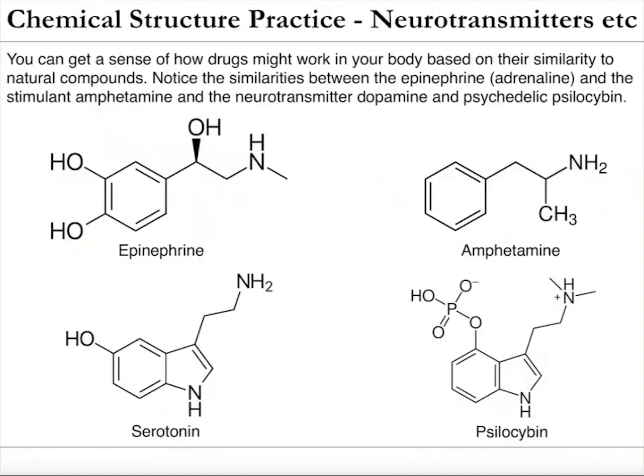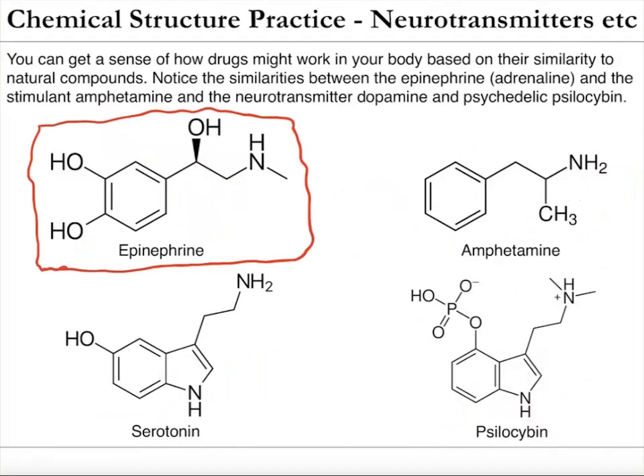And now another important point is you can understand how some drugs might work, whether they're pain medicines or even drugs that are used recreationally by some people, based on their similarity to the natural compounds that they mimic. So right here, we have this molecule epinephrine, which is also called adrenaline. This is the molecule that's secreted by your body in a fight or flight response.